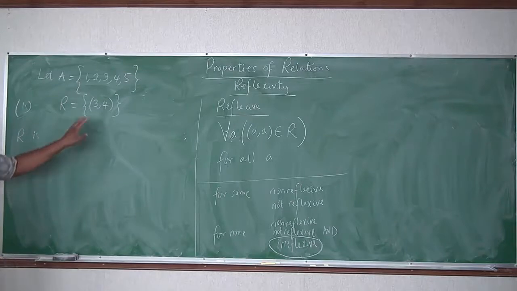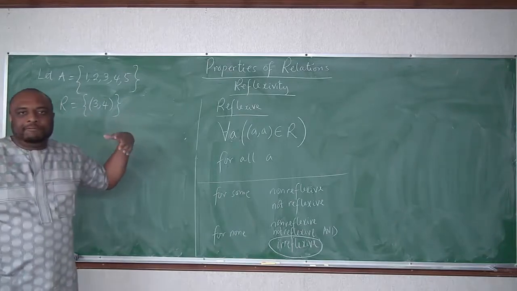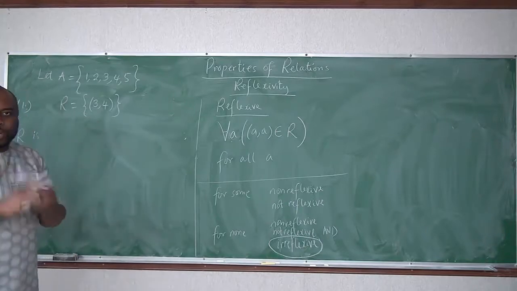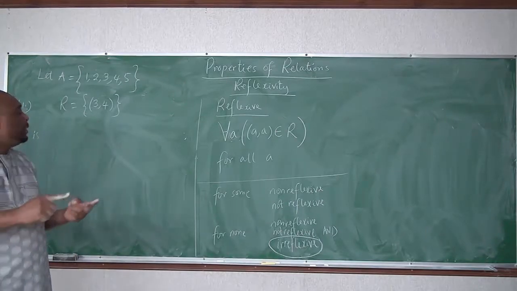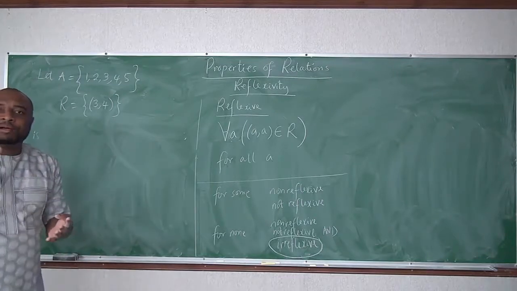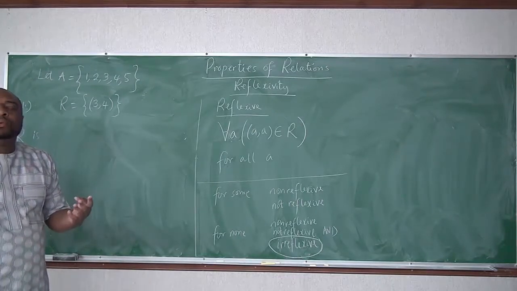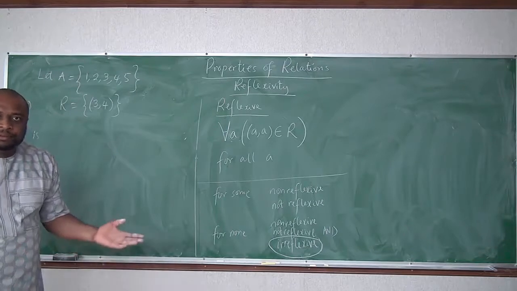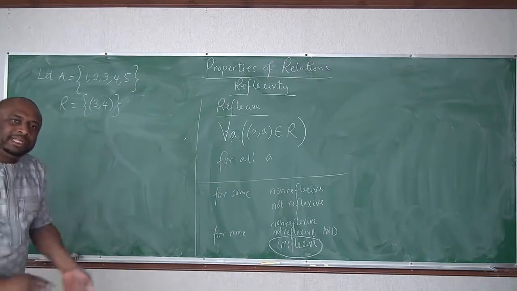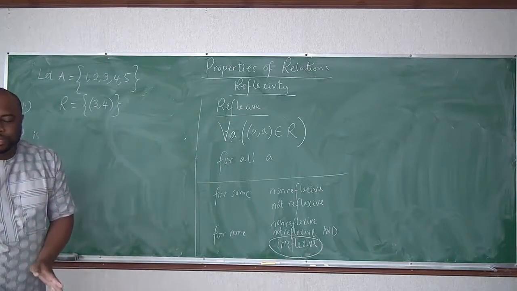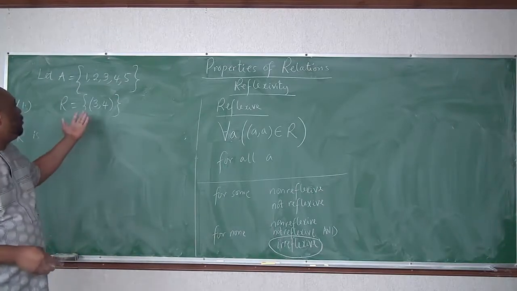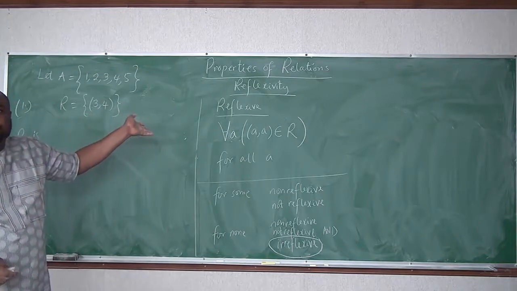So here, we have 3 and 4. We don't have 1, 1. We don't have 2, 2. We don't have 3, 3. We don't have 4, 4. We don't have 5, 5. 1 relates to 1, 2 relates to 2, 3 relates to 3, 4 relates to 4, 5 relates to 5. We don't have that. We only have 3 relates to 4.